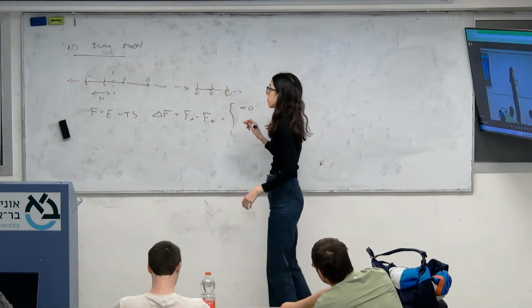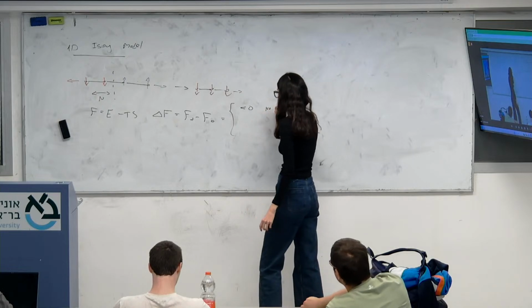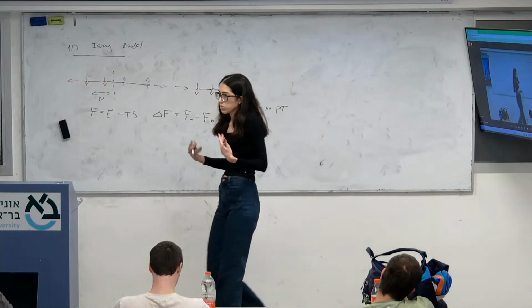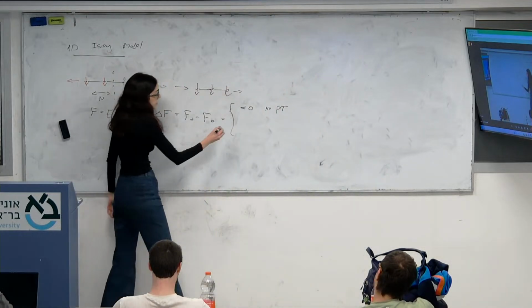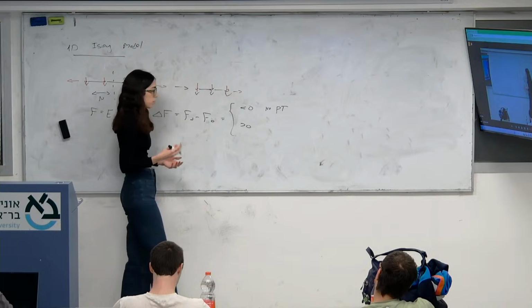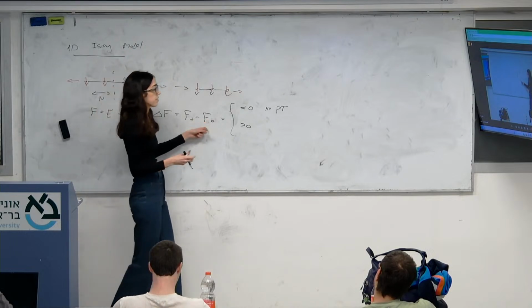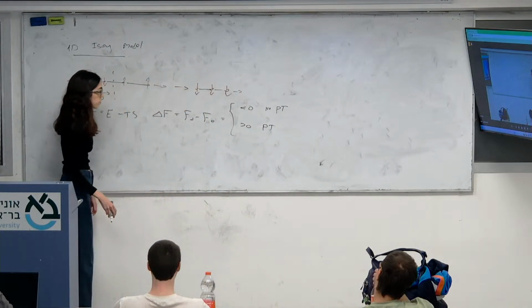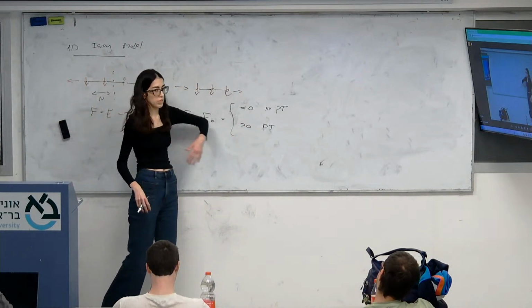Therefore, we don't have a phase transition, because the system will prefer the disordered case. If this is larger than 0, it means that it will prefer the ordered case, and then we do have a phase transition. So this is what we're going to look at through this whole tutorial.